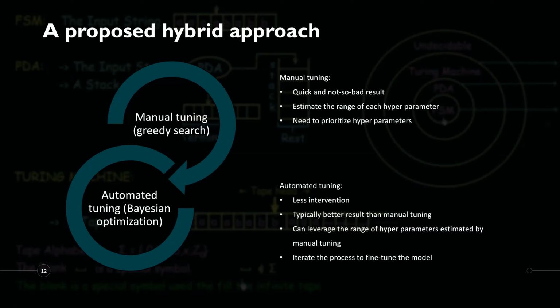If we already have some prior knowledge of a reasonable range for a hyperparameter, that makes Bayesian optimization more effective. Therefore, personally, I would use a hybrid approach, which combines manual tuning, basically a grid search, and automated tuning, which is the Bayesian optimization.